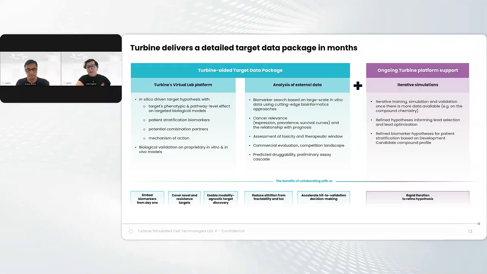This is also on our roadmap to bring into the virtual experiment space as well. And we are also able to do commercial evaluation and, for best-in-class targets, comparing the target to already available assets to inform the target data package and downstream decisions.